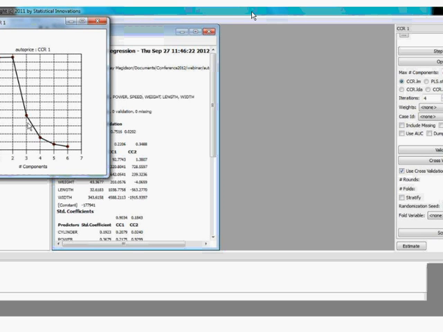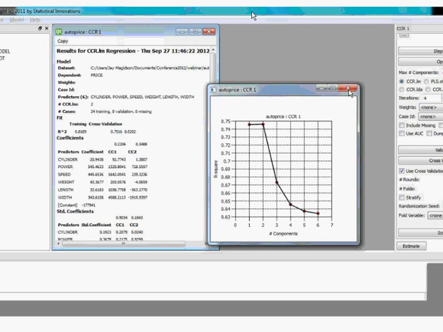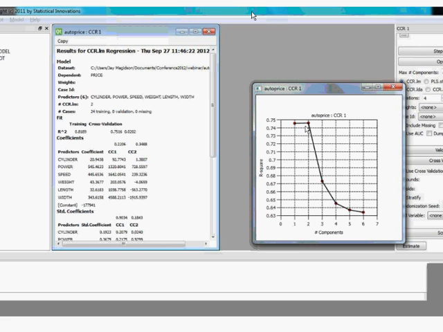So we're imposing quite a bit of regularization. And then 2 components really improves quite a bit. And 1 is about the same, slightly less. So we take 2 components as the optimal value for K. And what we see here is that with 2 components, we have 0.75. So that's the cross-validation R squared, CVR squared.